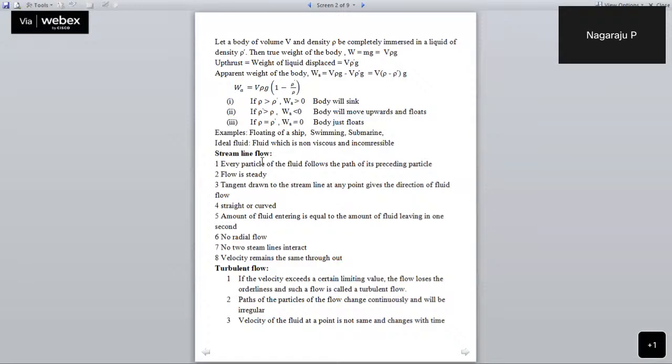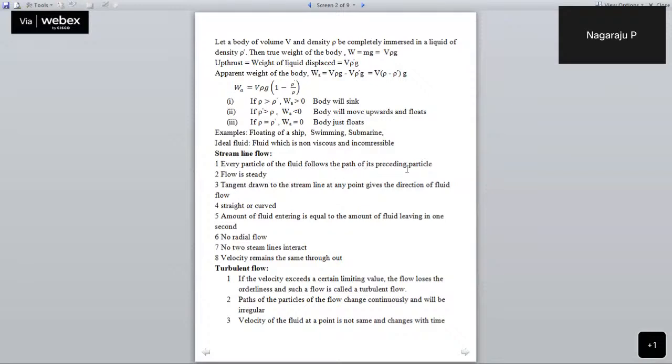Let us now understand something about streamline flow, or in other words, streamline motion. When we have a fluid, or in other words a liquid, these are the conditions for streamline flow. Every particle of the fluid follows the path of its preceding particle.